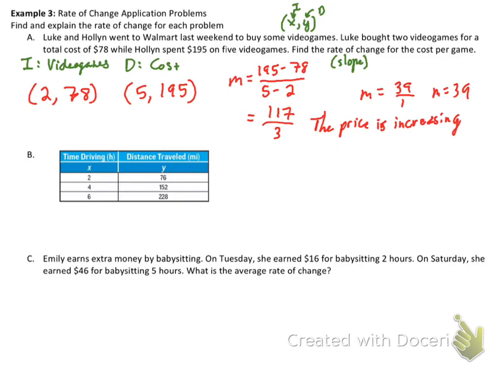The price is increasing at a rate of $39 per game. So if I buy 1 game, I'm going to spend $39. If I buy 10 games, I'm going to spend $390. So the price is increasing at a rate of $39 per game.